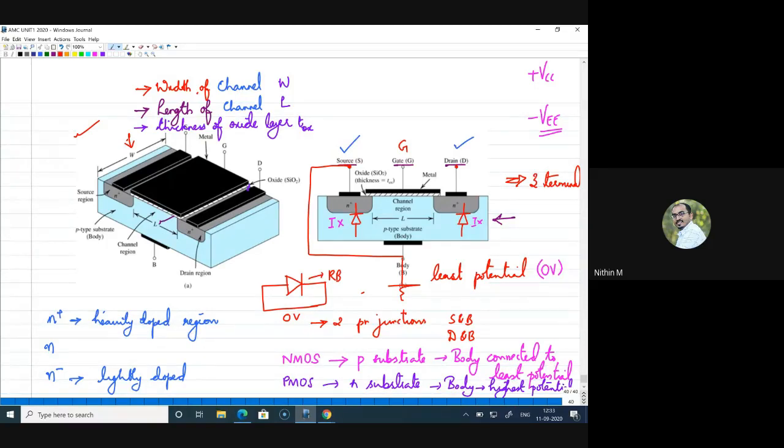Clear? Any doubt? Your voice broke. The last sentence was not audible. Oh, all right, sorry. Did you hear what I meant by drawing this diode and 0 volt across it? Yes, sir.